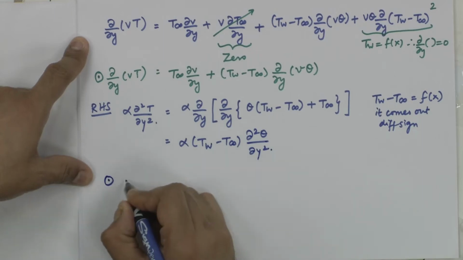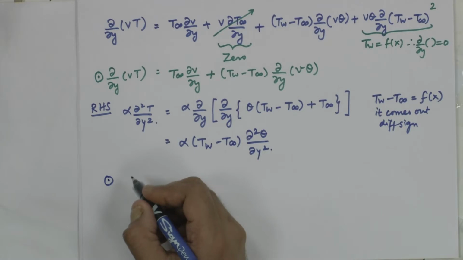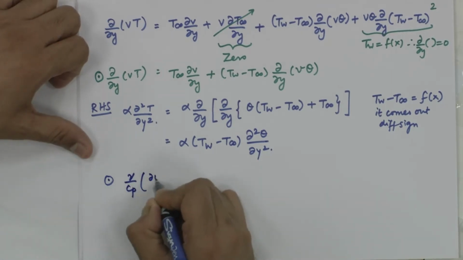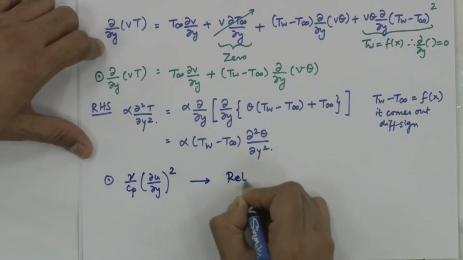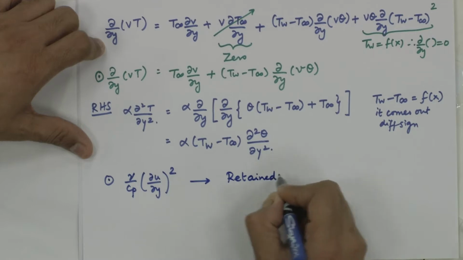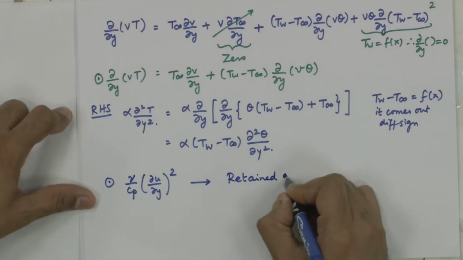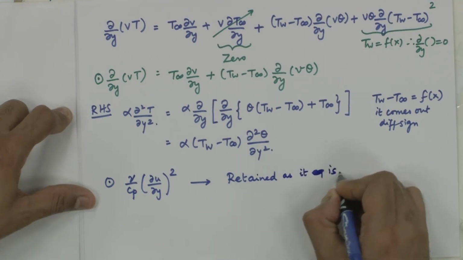Second term on the right hand side is nothing but nu by Cp, du by dy whole squared. This is just retained as it is. This represents one of the strong couplings between the momentum and the energy equation, retained as it is.